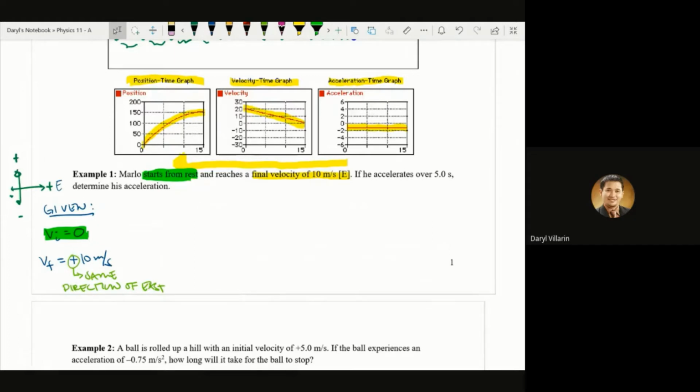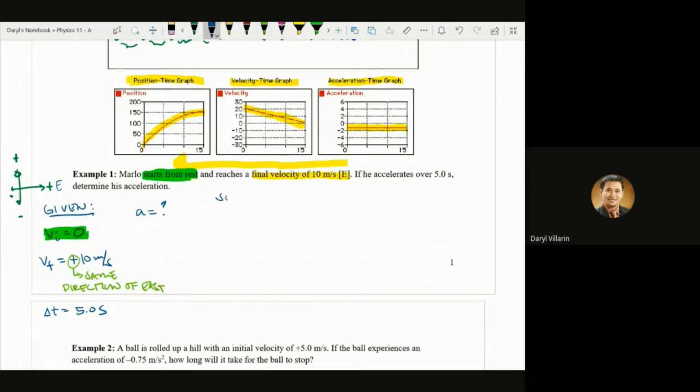And then if he accelerates over 5 seconds, that 5 seconds is your delta t, or just t, 5.0 seconds. Now we need to identify the acceleration. So I can just write that a is being asked.